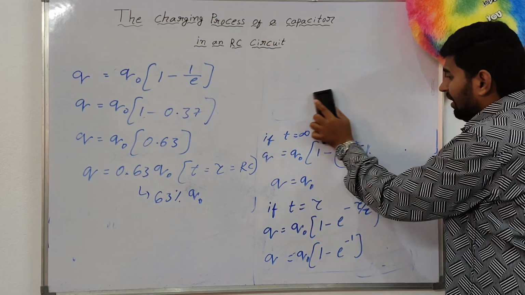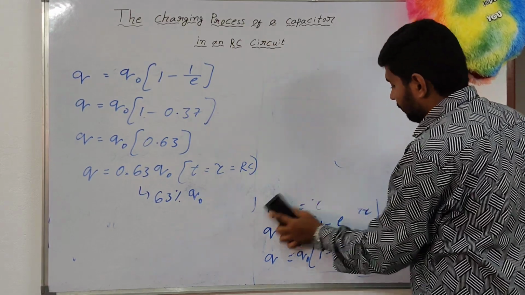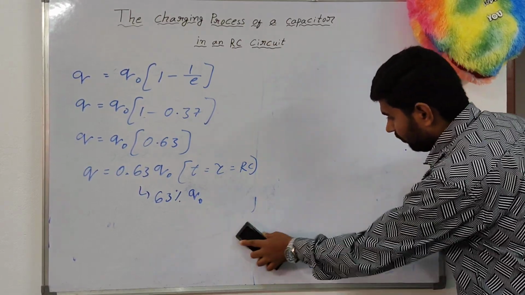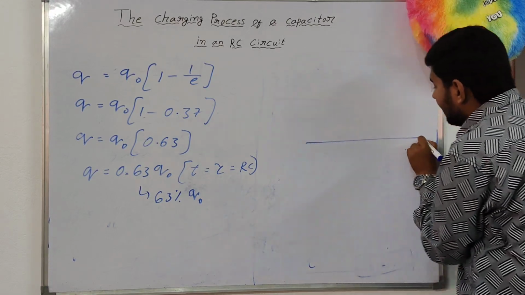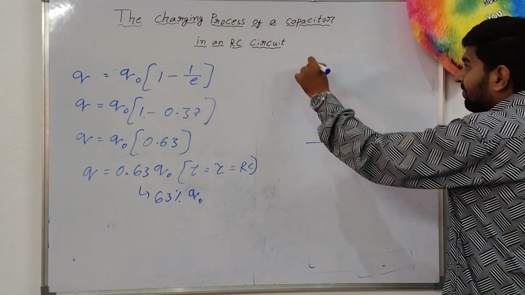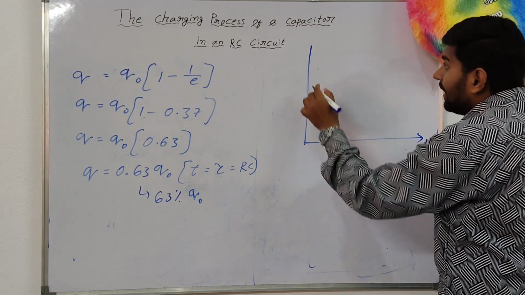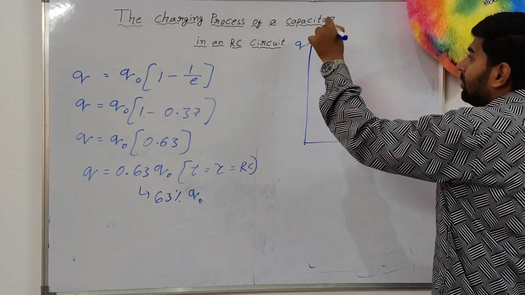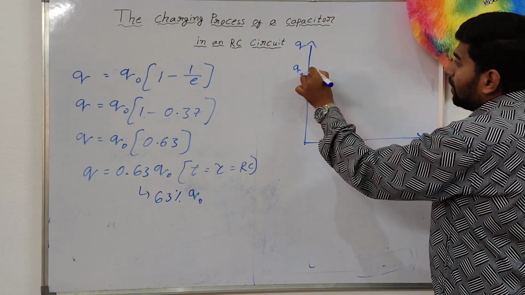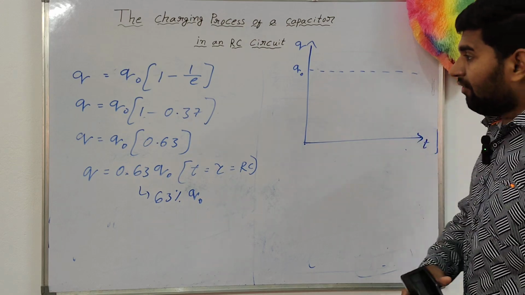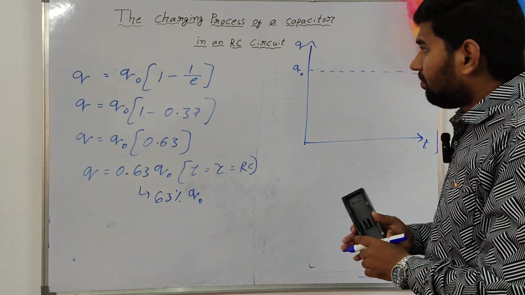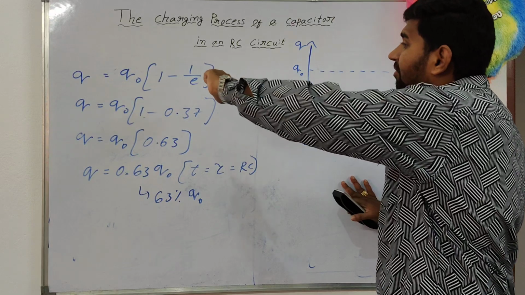Now, how to draw the graph for this one? I will take the x-axis as time and the y-axis as charge Q, and here Q naught represents the maximum charge. If you observe, what is the value of Q?